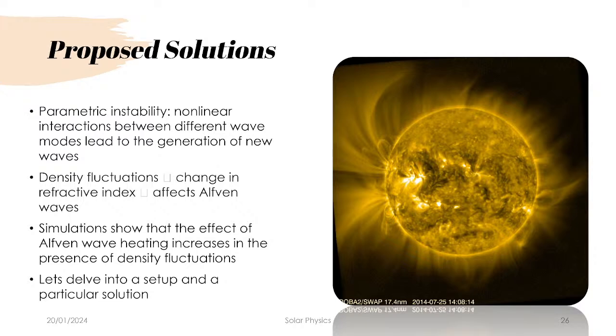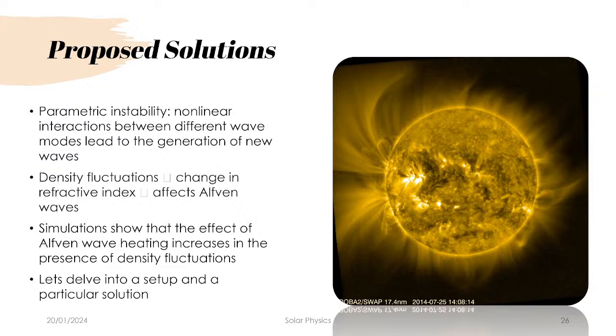Now there is also an incoming wave, so there's an incoming wave and an outgoing wave. These two waves will interact. This interaction is non-linear in nature, so it is going to give rise to different wave modes, and ultimately it will give rise to turbulence, and that will cause heating. So yeah, basically this is what I have emphasized over here.